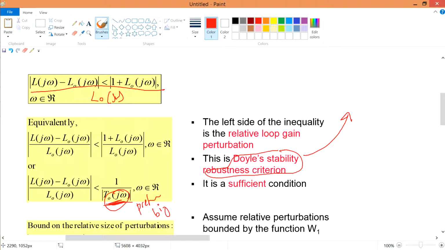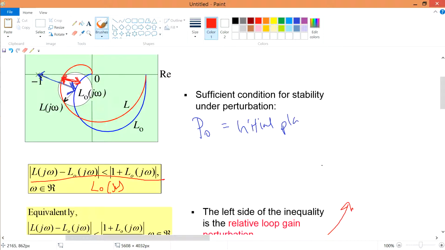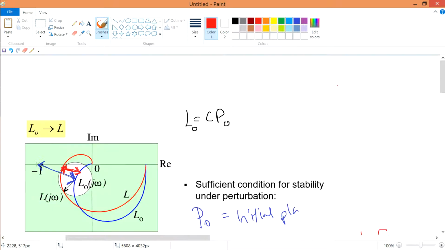And this system, the test for the controller, if you remember, there is the C and P naught. So how does the controller control the plant P over a long time?